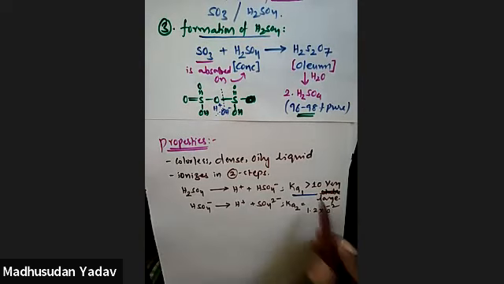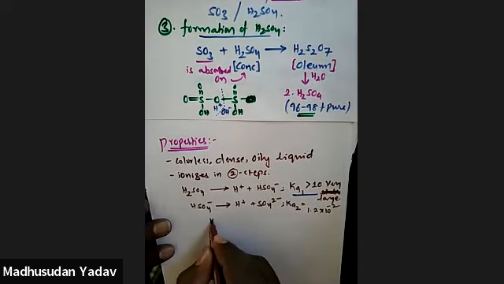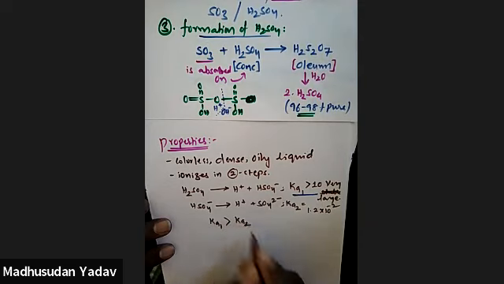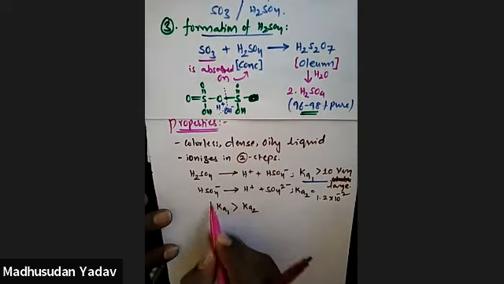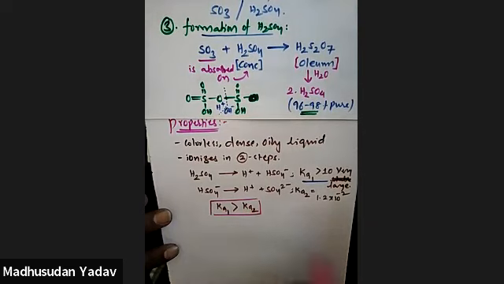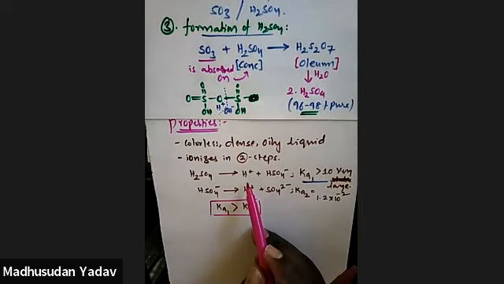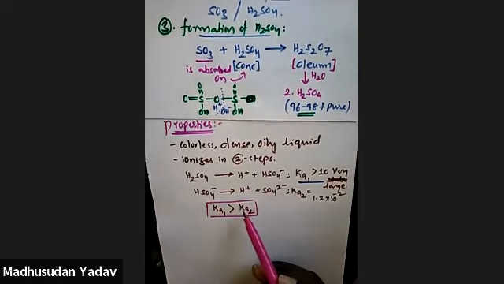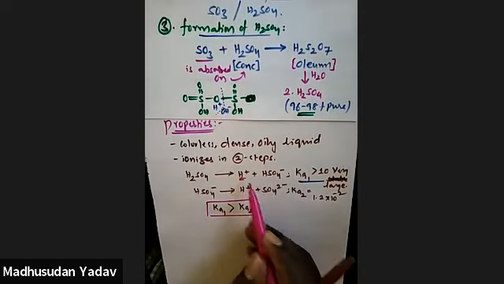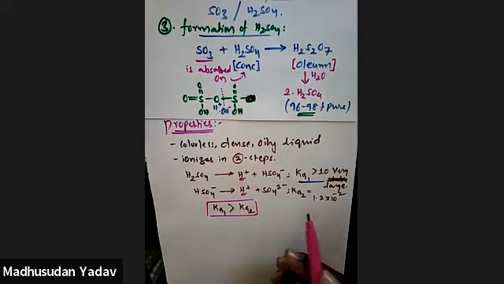So it is less only when compared to 10. So the first proton release is more acidic than the second proton. Have you understood now? When sulfuric acid releases the first proton, it is more acidic than its second proton.